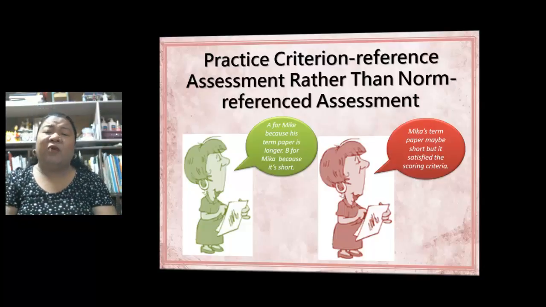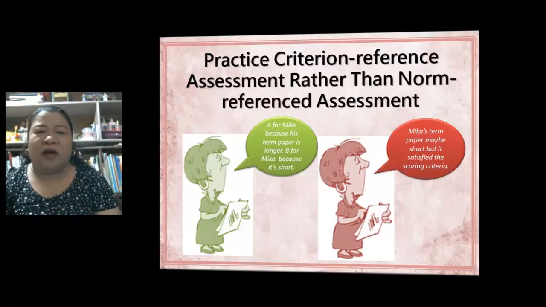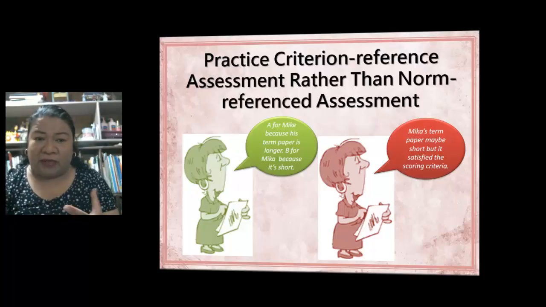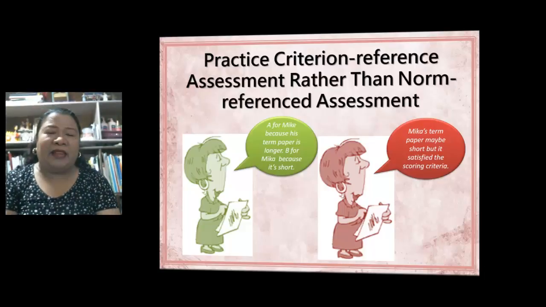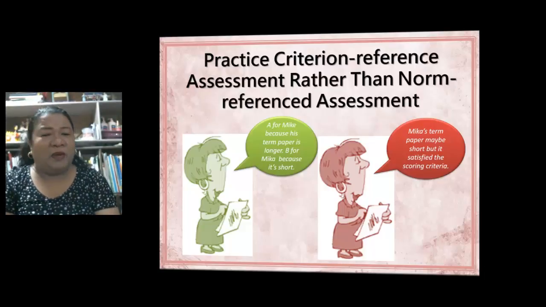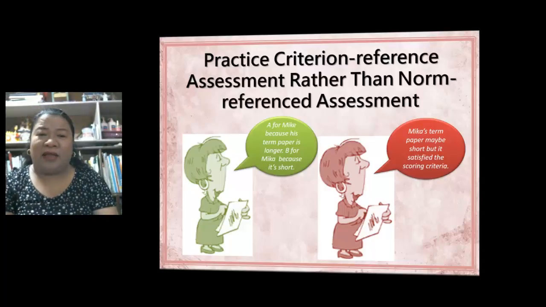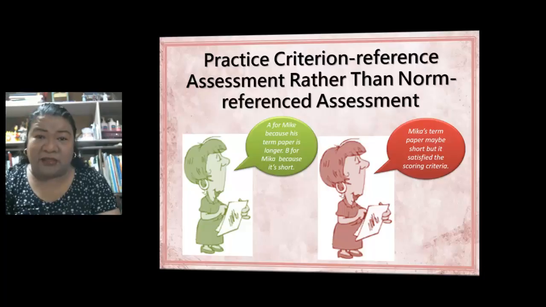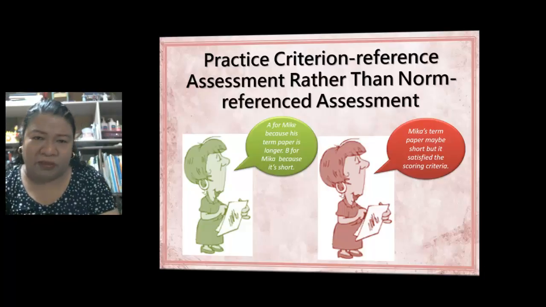When you say norm reference, the basis is a comparison among the group's performance, the individual's performance in a group, and it has been found that criterion reference is the one that motivates students better, no? Because they have a standard that they have to meet.